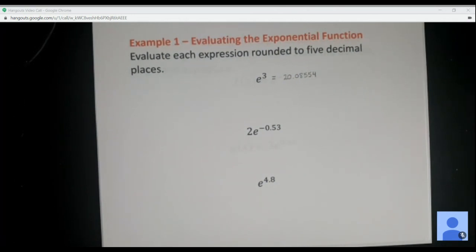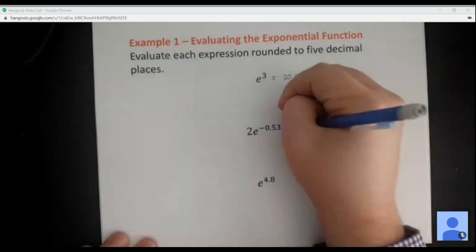Okay, so the next one we can put in just as it's written, so 2 times e to the negative 0.53. Let's do this to 5 decimal places since that's what the directions say this time.